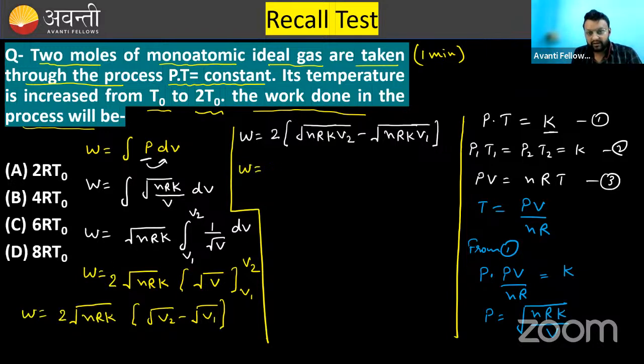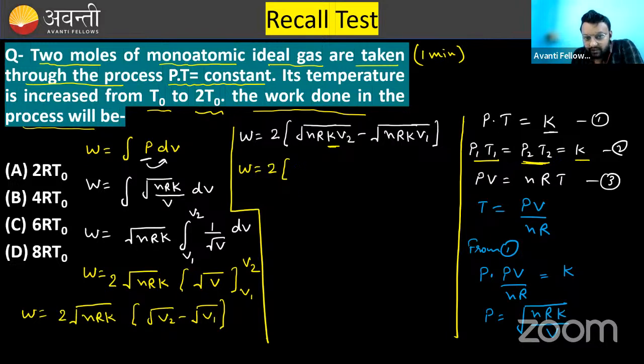So what would it be? Work done W is equal to 2 times... Now, what is the value of K? You can say K is either P1 T1 or P2 T2. When there is a term V2, I will place the value of K as P2 T2.